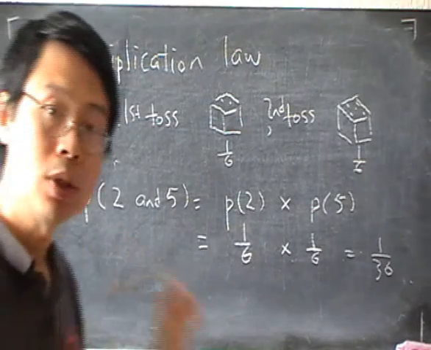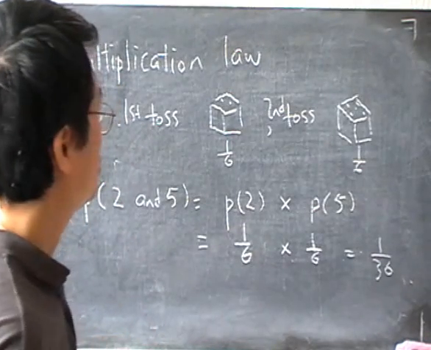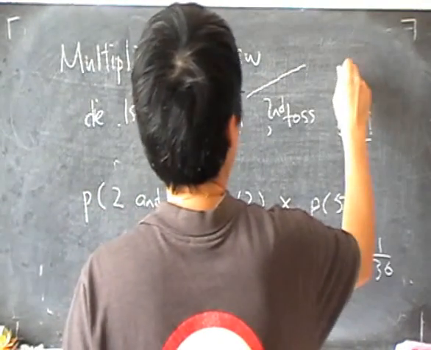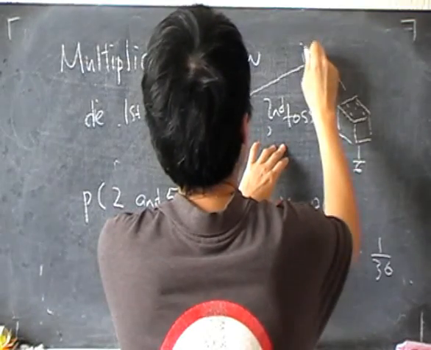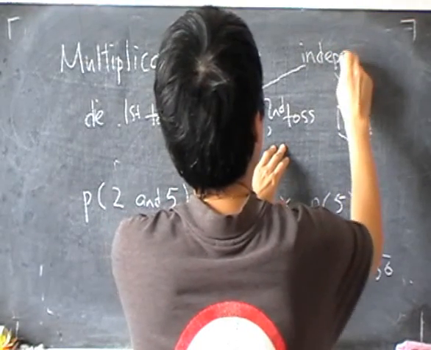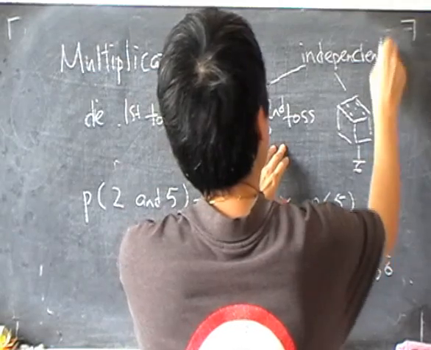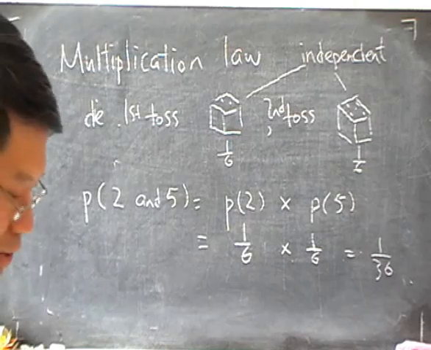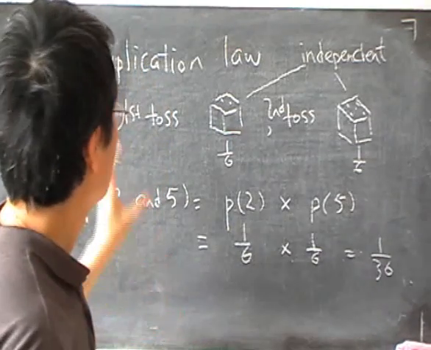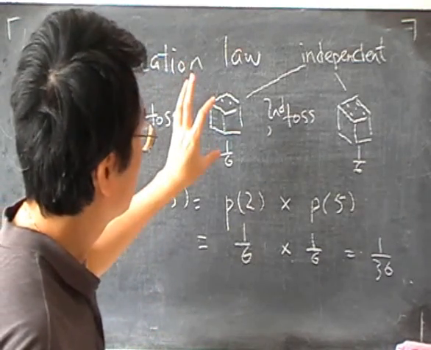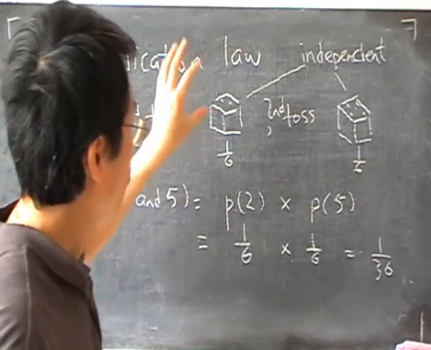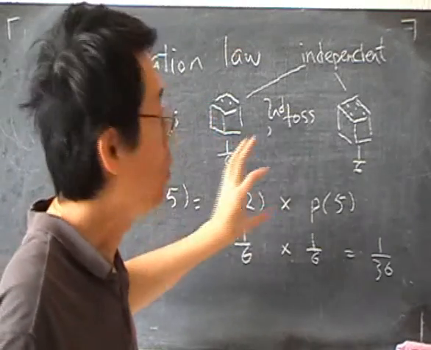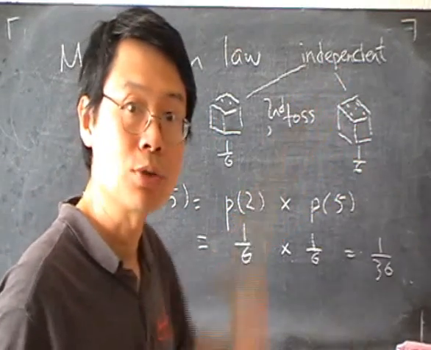But there is a condition when we can use this. We can only use this multiplication law if those two events are independent. Independent means that one event must have no effect on the other event at all.